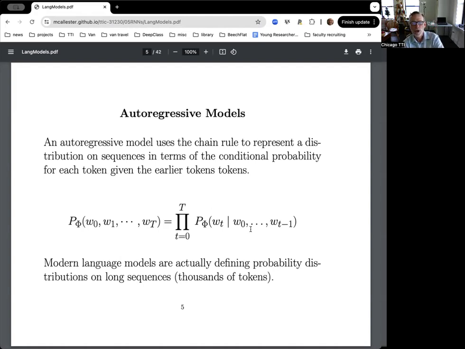Okay, so we're going to use autoregressive models. What does that mean? It means that the probability of a sequence of tokens is being modeled as a product of conditional probabilities. So the probability of token 0 to token t is the product over all times in this sequence of the probability of that token at that time given the preceding tokens.